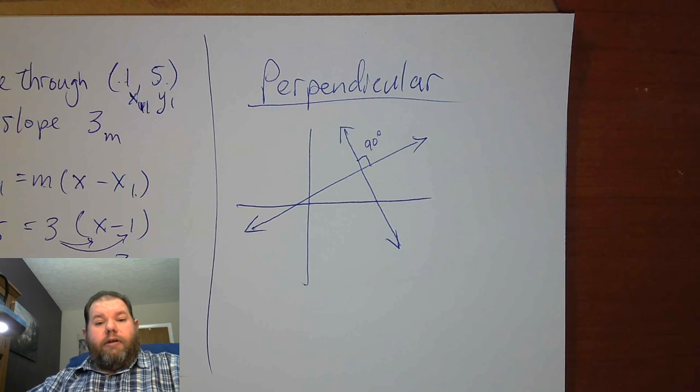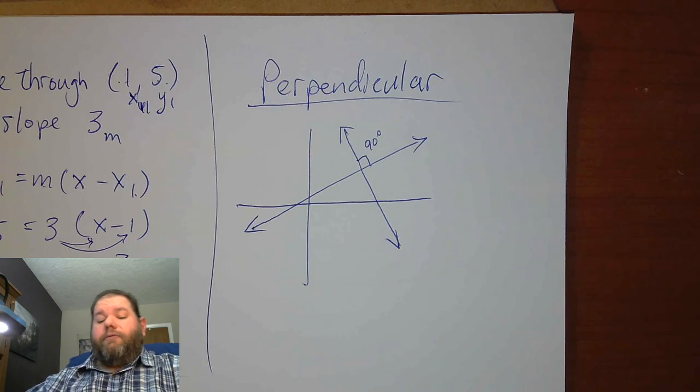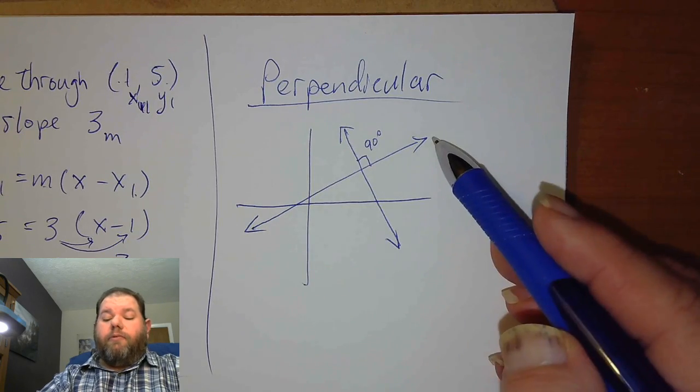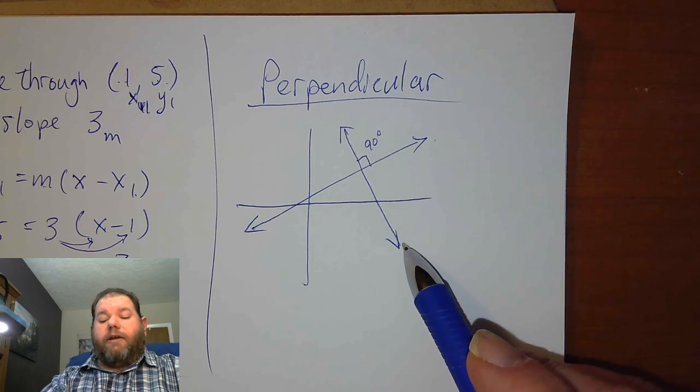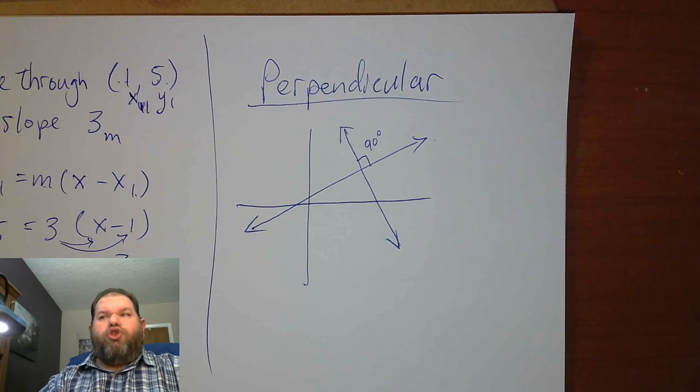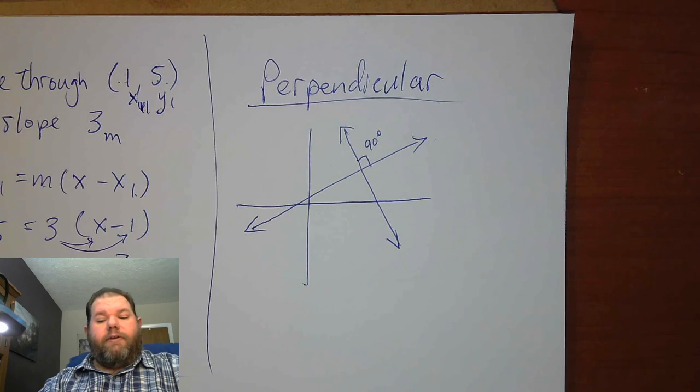Now we can see with perpendicular lines, we have one slope is positive and the other slope is negative. And in general, we could say that perpendicular lines have opposite slopes, opposite signs.